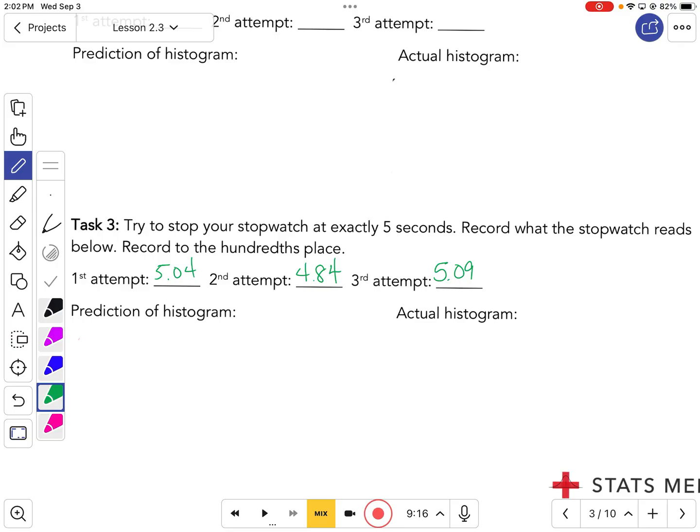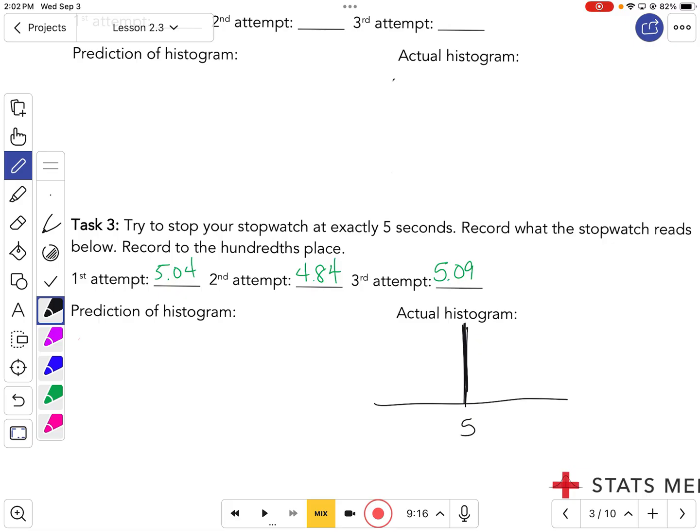So what do you think might happen over time? If I continued to practice and practice and practice, I'd eventually get it, right? I get closer and closer. So what's happening when we do this? If this is 5, eventually we're going to hit that 5.